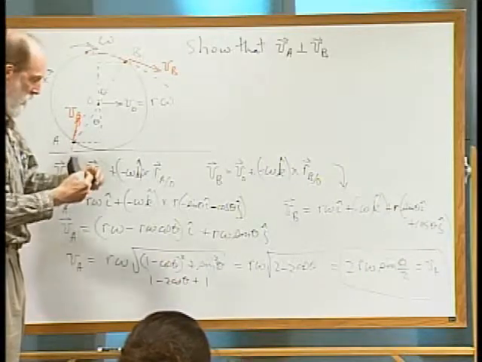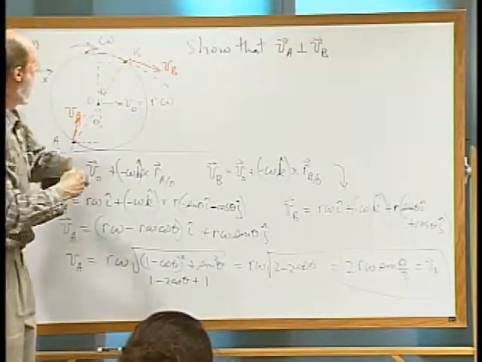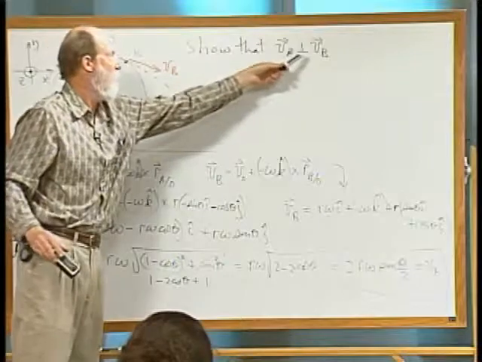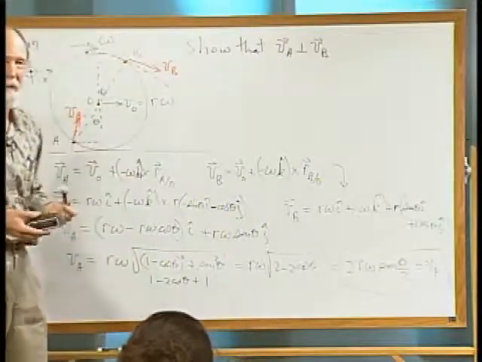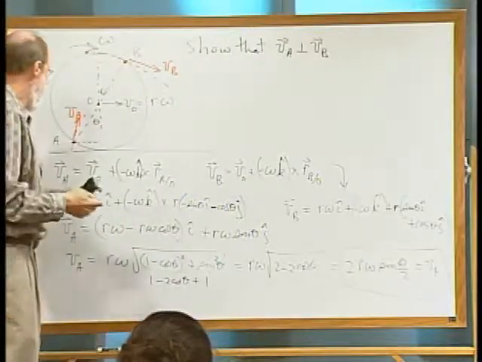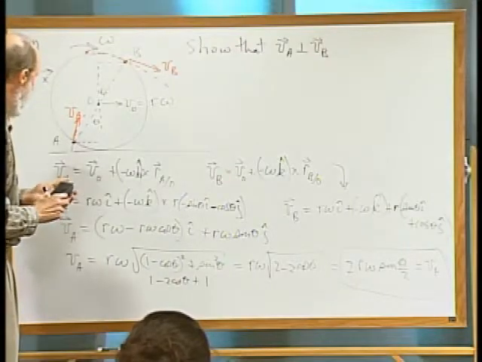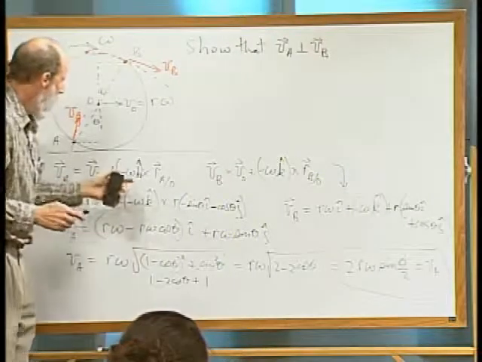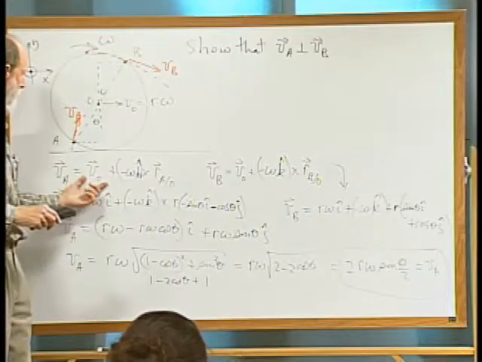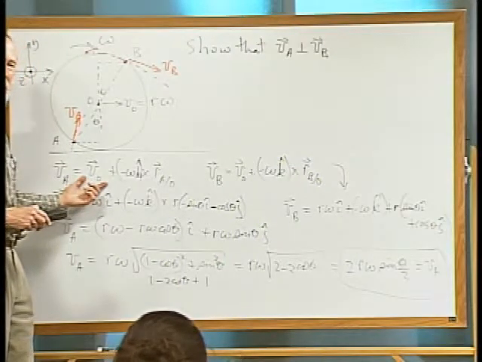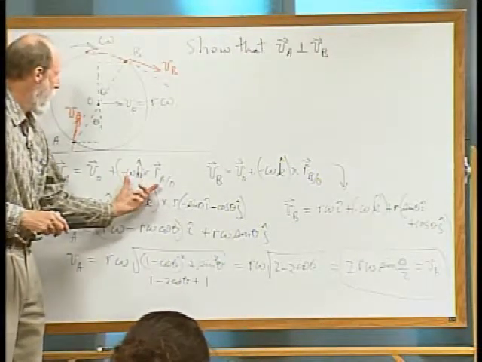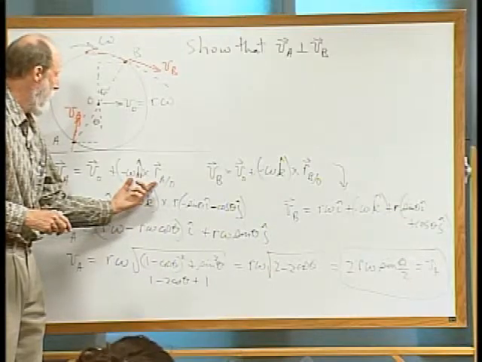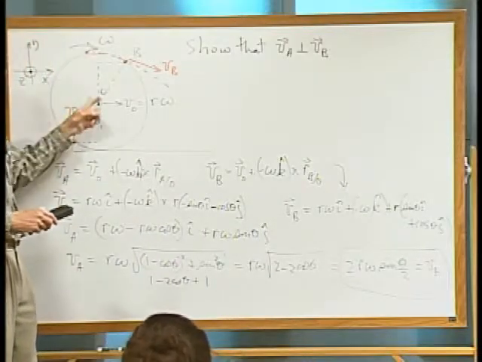Okay, now, back to what I really wanted to get at: show that the velocity of A is perpendicular to the velocity of B. What's the magnitude of the velocity of O? What's the relative velocity of A relative to O?